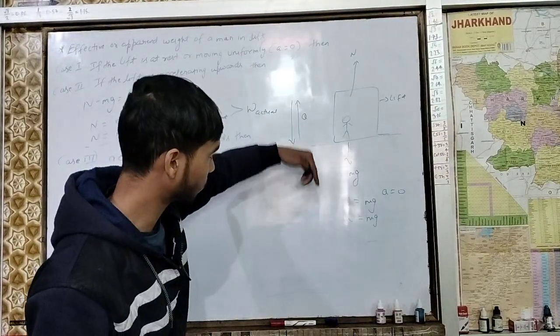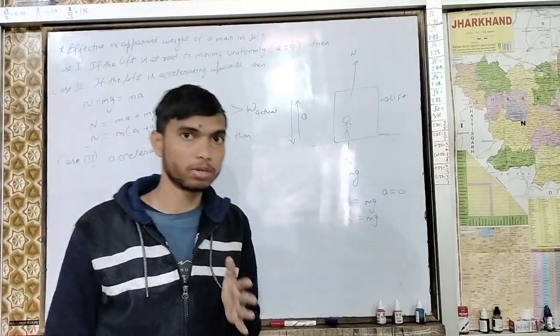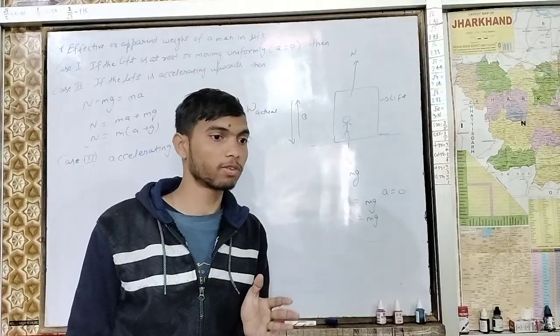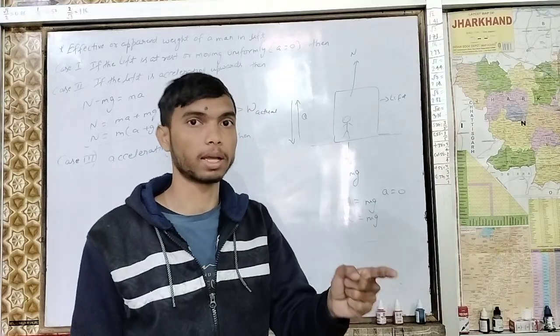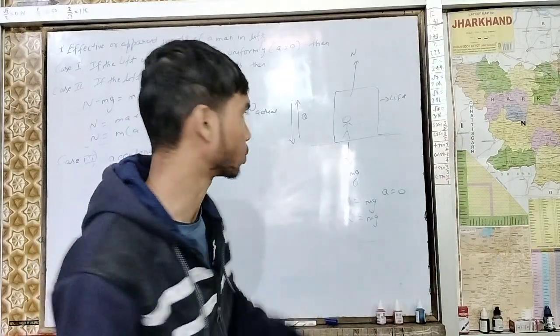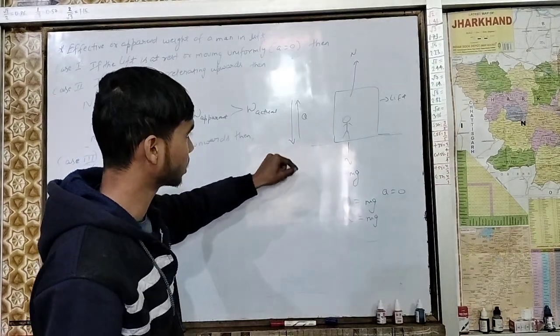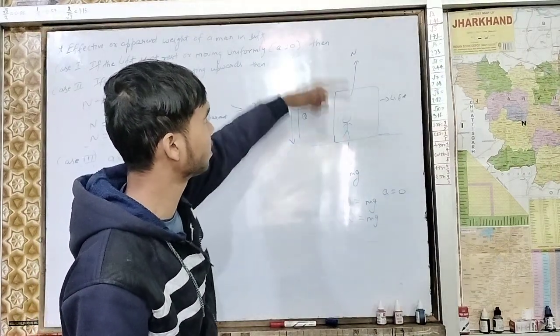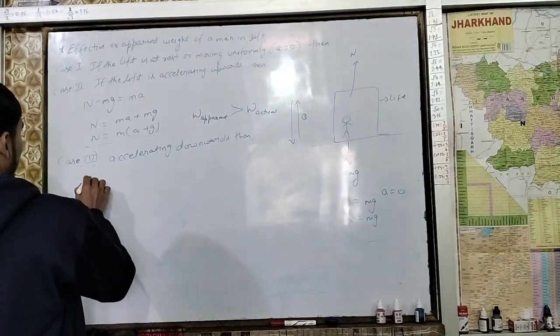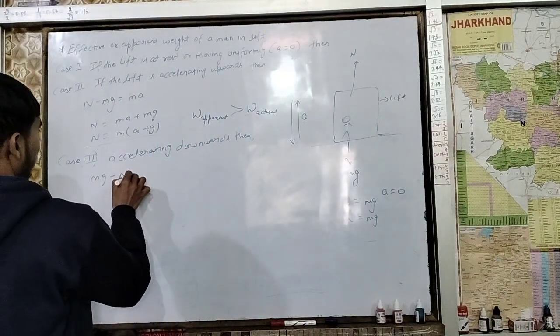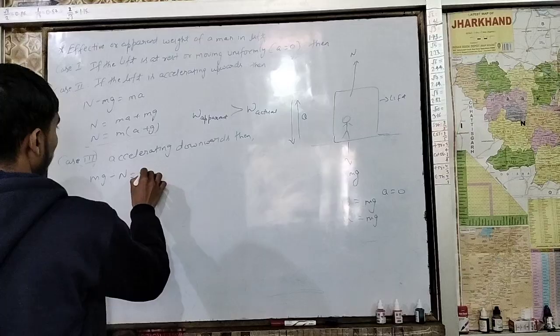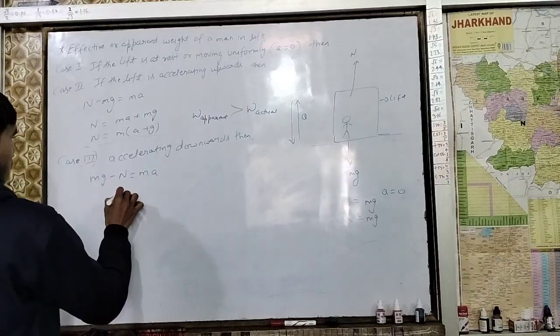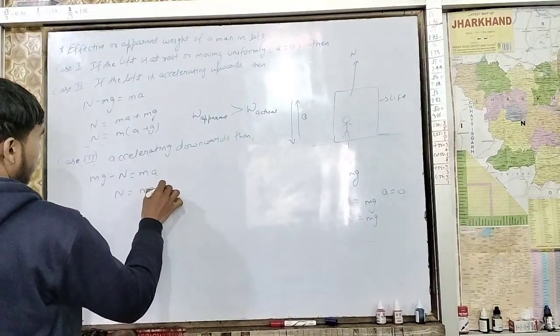So mg, the first force, the direction of the force will be the same as the direction of acceleration. Over here, the direction of acceleration is in this direction, so we will take this mg. So mg minus N will be equal to ma, so N is equal to m(g minus a).